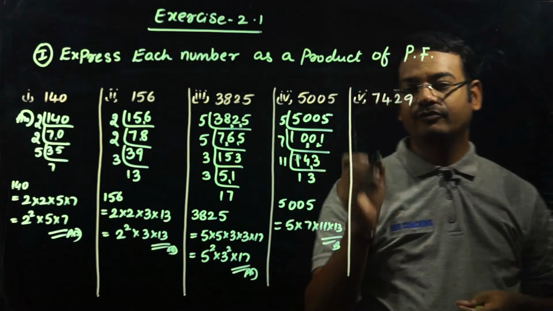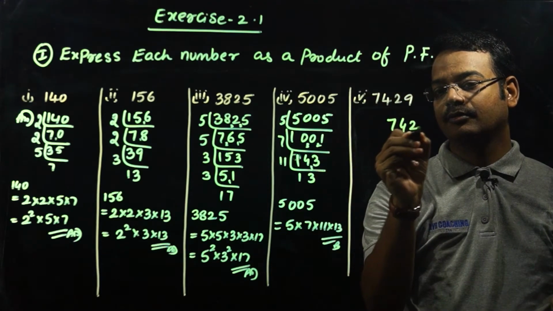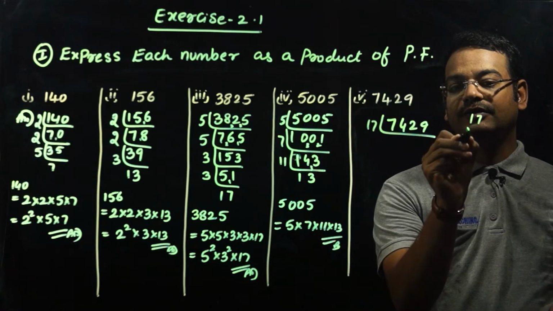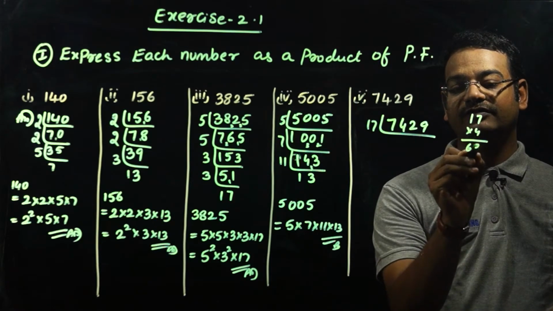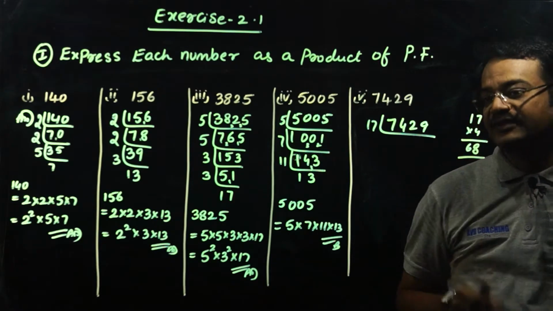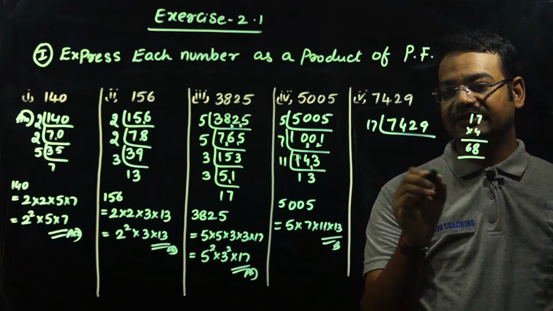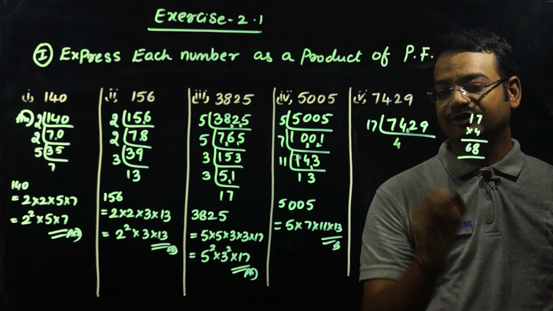7429. To find the prime factors of 7429, we will divide it by 17. 17 fours are 68. So 74 minus 68 is 6. This becomes 62.